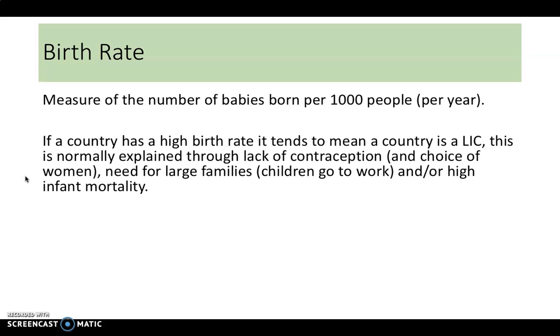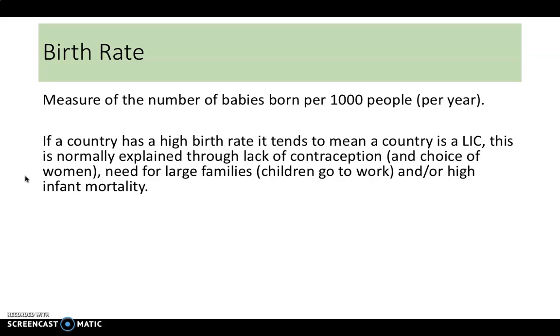In general, if a country has a high birth rate, it tends to mean that country is either an LIC or a NEE, a developing nation. And the reason for this is because it could be that a country has a lack of contraception. So women, for some reason, don't have access to as much contraception as in other places around the world.